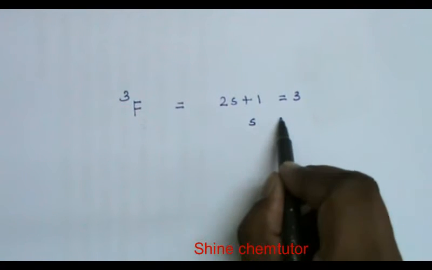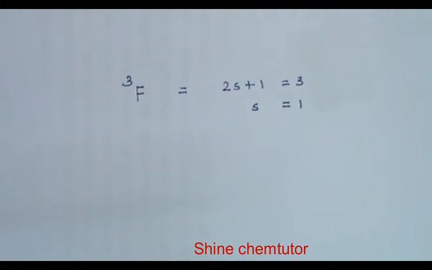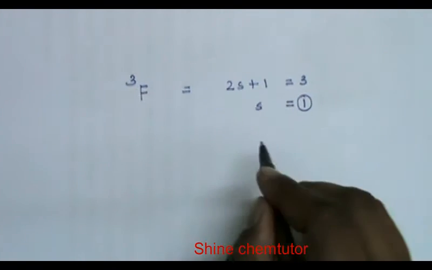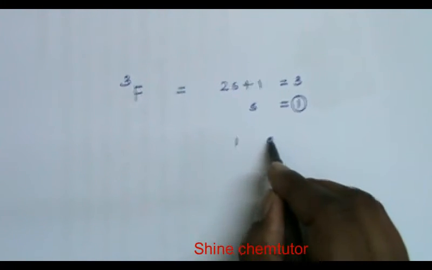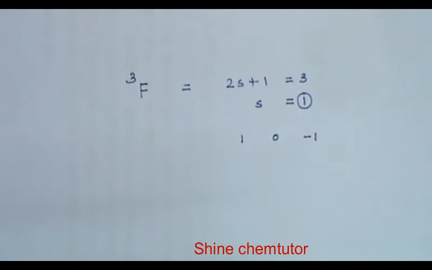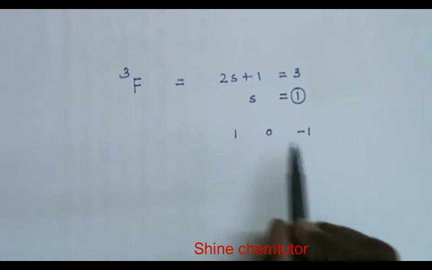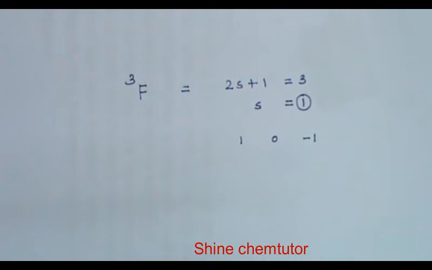So S should be 1. So the spin value is 1. This 1 can be 1, 0 or minus 1 also. Triplet may be more stable, but it is possible to have 0 as well as minus 1 also.